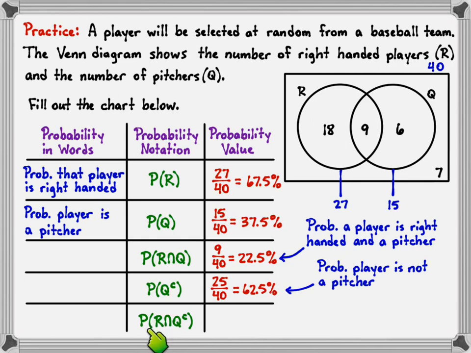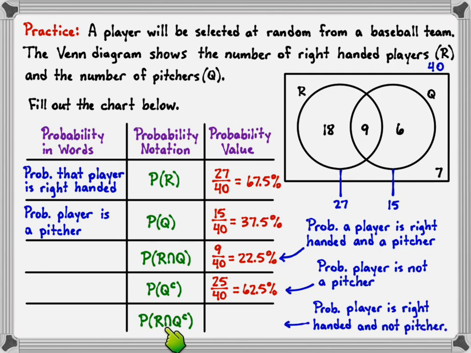And the last one says, what's the probability that a player is right-handed and not a pitcher? Now this one is a little bit more complicated because of the word not. But if we understand the intersection is one piece of the entire puzzle, let's identify the one piece in the Venn diagram that has the right-handed players and not the pitchers. Is this a right-handed player?